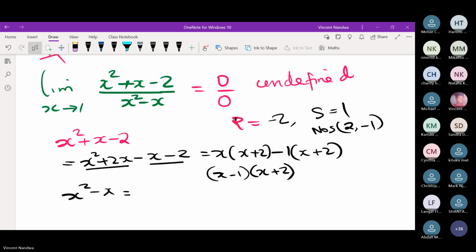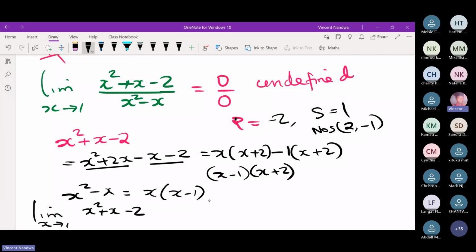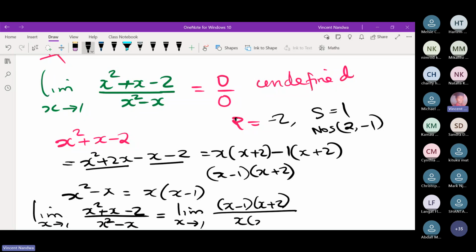What is the common factor for x squared and x? x. So this is the same as x into x minus 1. Therefore, the limit as x approaches 1 of x squared plus x minus 2 over x squared minus x is the limit as x approaches 1 of x minus 1 times x plus 2 over x into x minus 1.